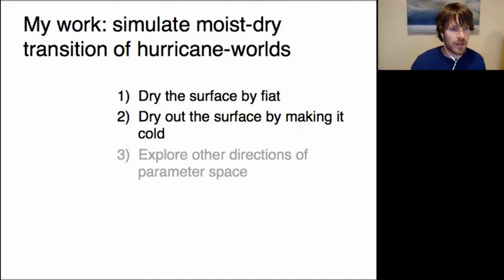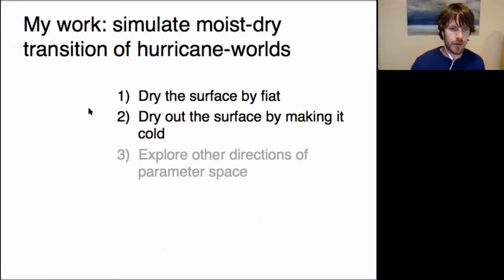So with that said, the work that I'll talk about today is not happening on Earth in Earth's present climate, but it is looking primarily at 2 ways of exploring this moist to dry transition of turbulent rotating atmospheric convection confined into doubly periodic miniature worlds, or TC worlds. We've primarily used 2 methods of drying out the surface.